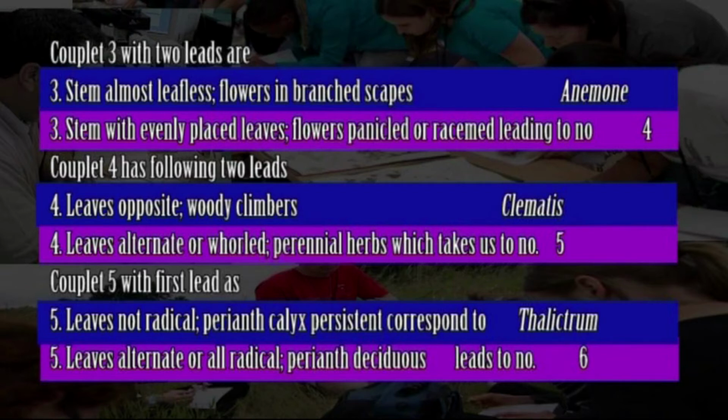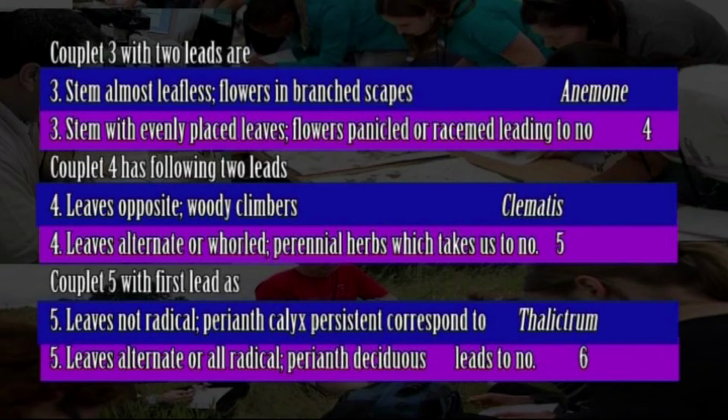These signify the characters of Anemone. Stem with evenly placed leaves, flowers panicled or racemed, leading to couplet 4. Couplet 4 has the following two leads: leaves opposite, woody climbers, which signify Clematis, and leaves alternate or whorled, perennial herbs, which takes us to couplet 5.